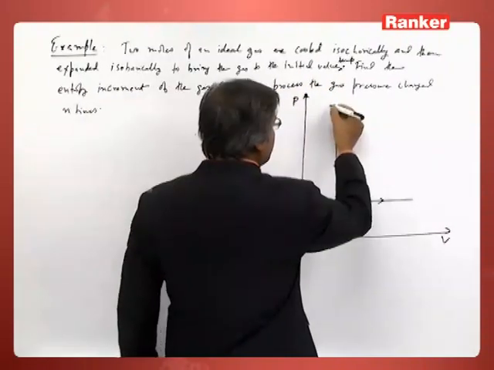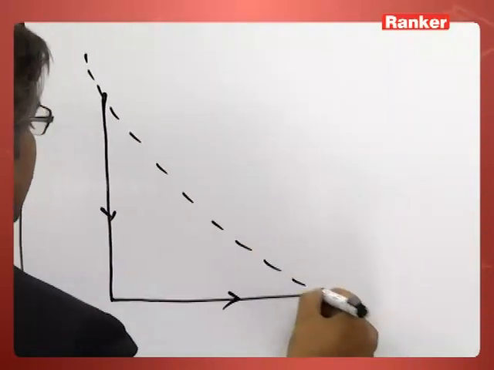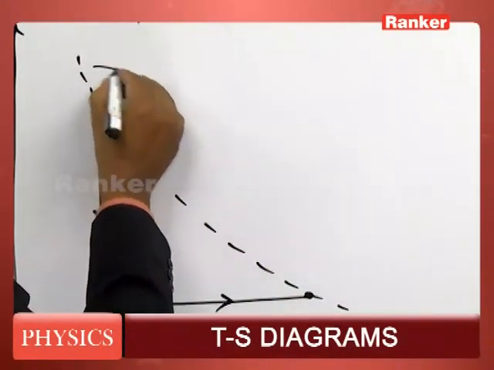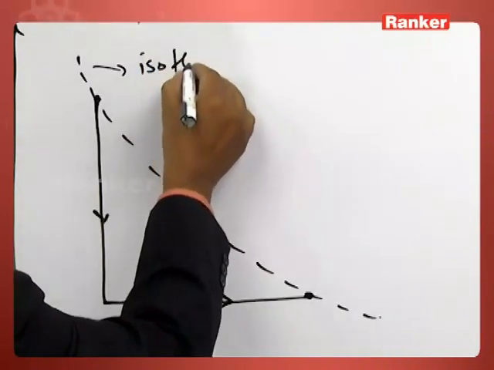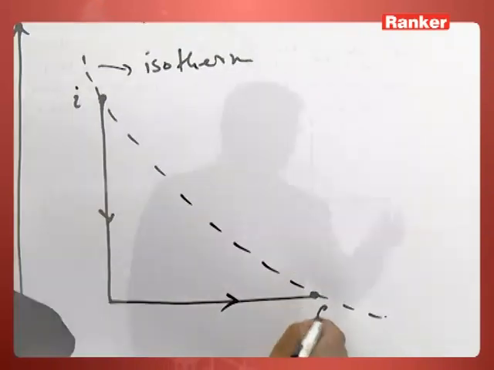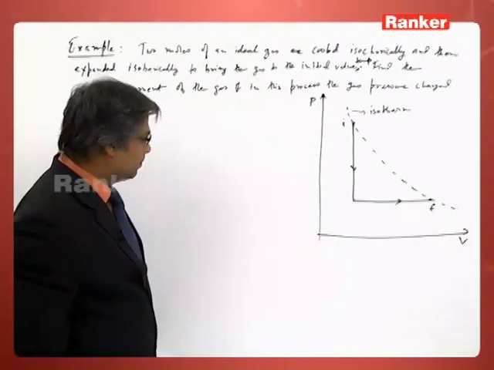That means the initial point and this final point are on an isotherm.